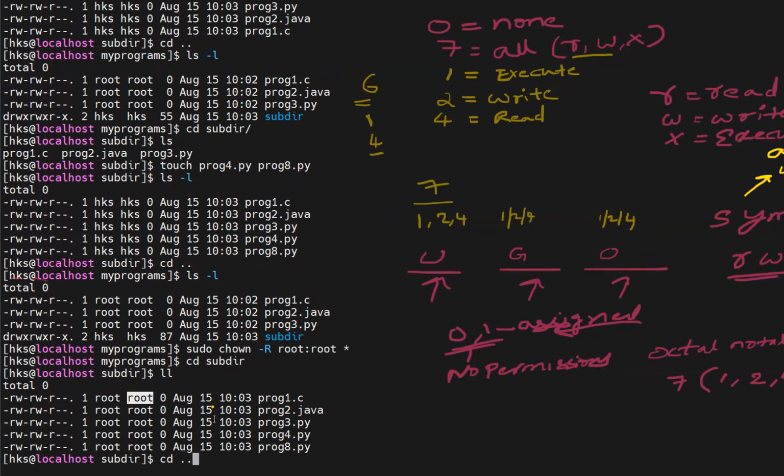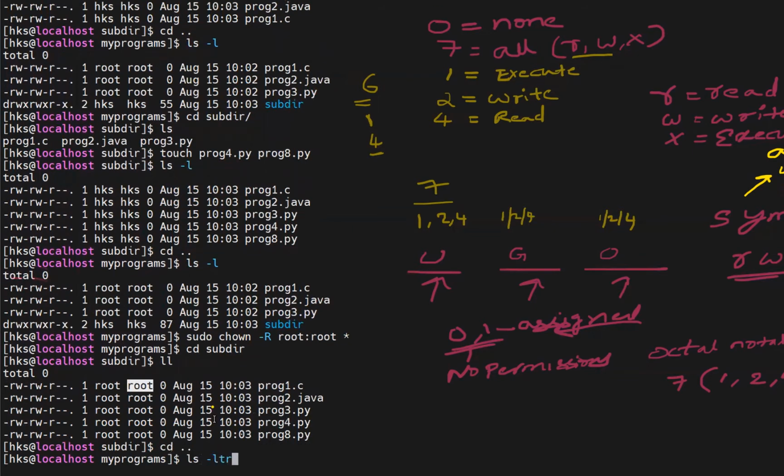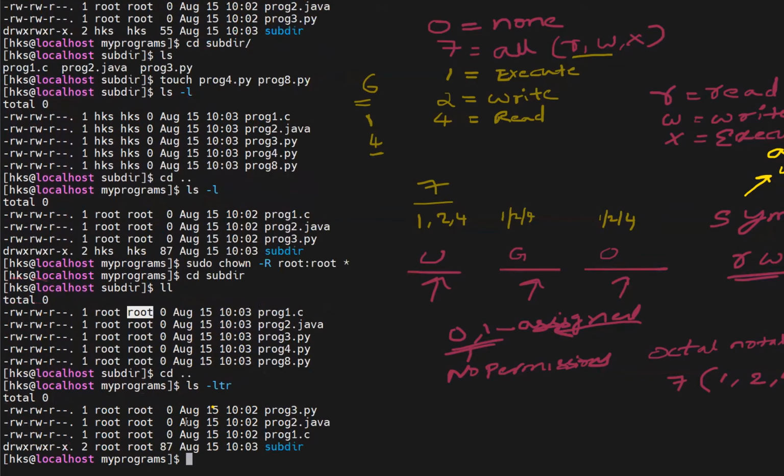For instance, if I want to change the file permissions of all these files and files within the subfolder, what I have to do is chmod. I'll say 755, like user should have full permissions, group should have read and execute, other should have, maybe I will say 1, only execute permissions.